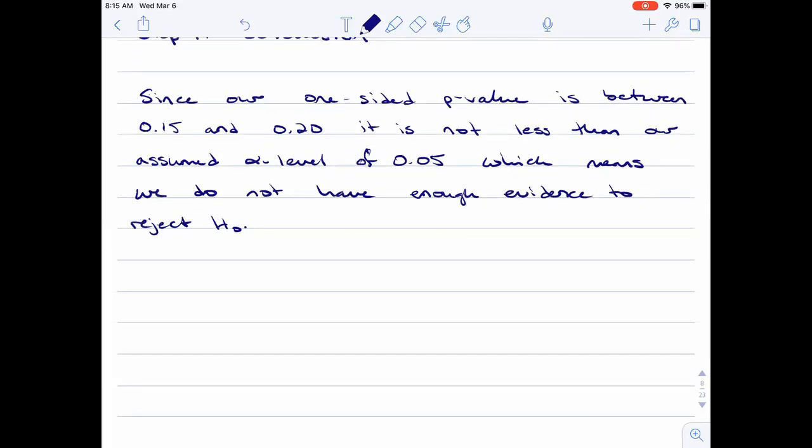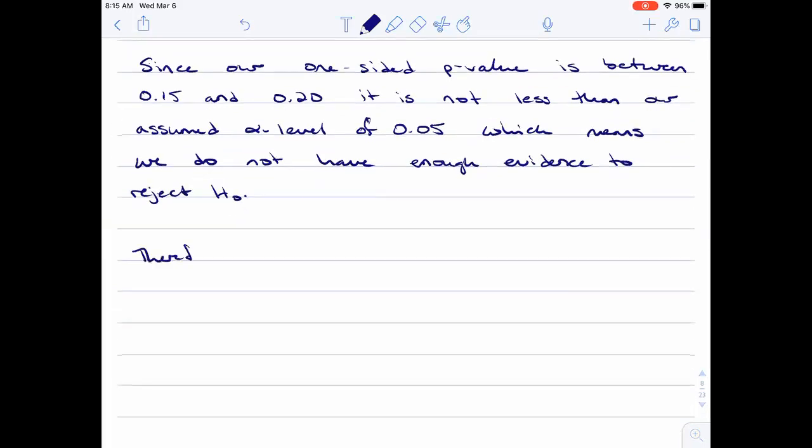So here are your first 2 parts: how the p-value compares to your alpha level, and what that means in terms of the null hypothesis. And finally, the forgotten step: what does that mean in terms of the question? That means that the average sales have not increased significantly since the redesign.